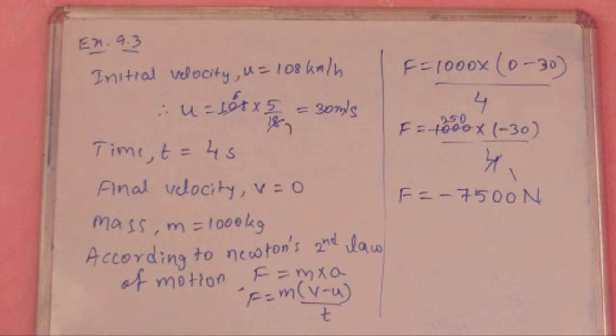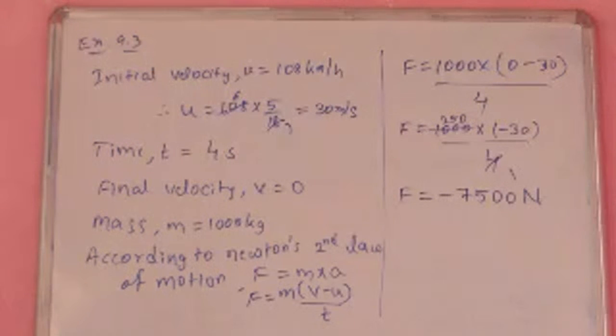Initial velocity is in terms of kilometer per hour, that you have to convert into meter per second, and to convert kilometer per hour into meter per second you have to multiply with 5 by 18. Time is given in seconds, and final velocity is 0 here because the motor car comes to rest, and the mass is 1000 kg.